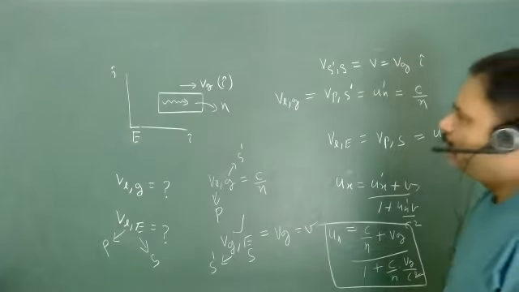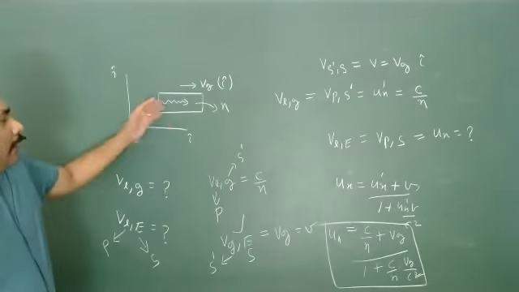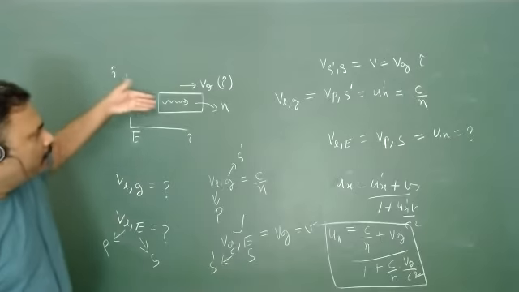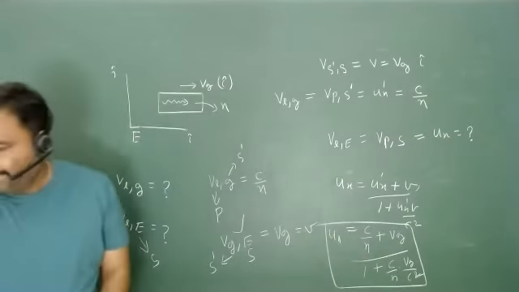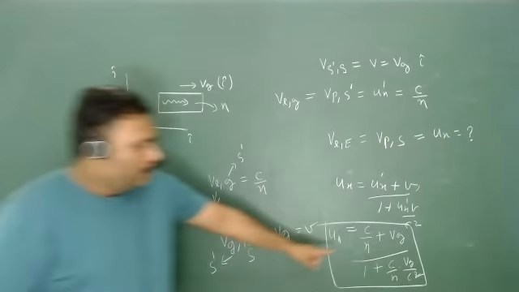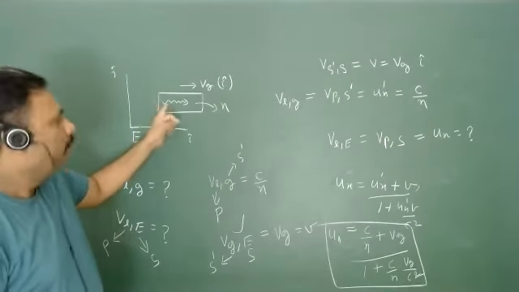How can you verify your answer? Suppose, in place of this glass plate, the light moves in a vacuum, then what will be the value of N? 1. The value of N is 1 because vacuum has a refractive index of 1.